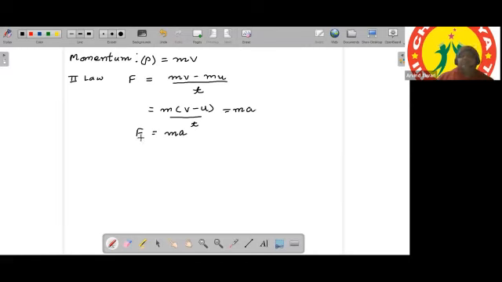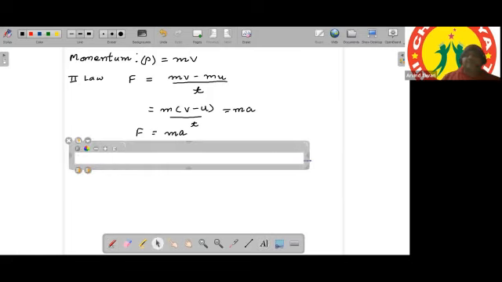This force is the external unbalanced force, or the net force acting on an object, and it is equal to mass times acceleration. Let us try to find some small numericals and solve those questions.